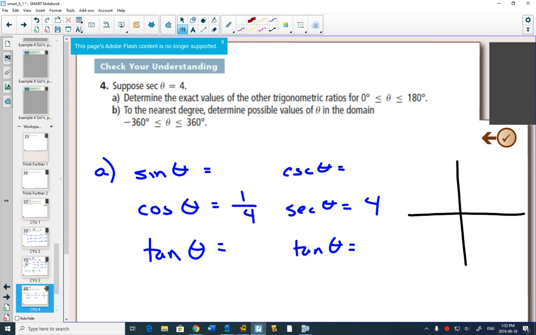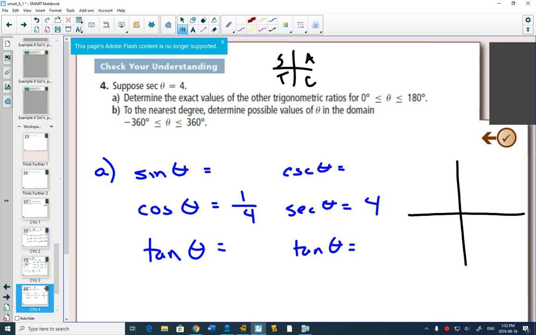Quadrant 1. Why? Well, first of all, they said between 0 and 180. So then you were between quadrant 1 and quadrant 2, and that was a 50-50. You might have just guessed. That works half of the time. But we know it's in quadrant 1 because cos is positive. If cos is positive, according to our CAST rule, it has to be in quadrant 1 or quadrant 4. But because they said just look from 0 to 180 degrees, we know that it's in quadrant 1.